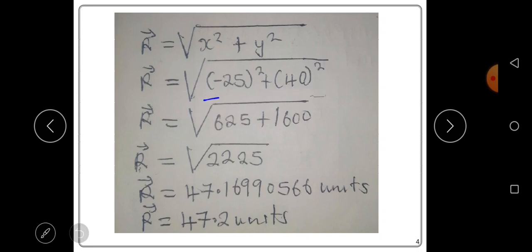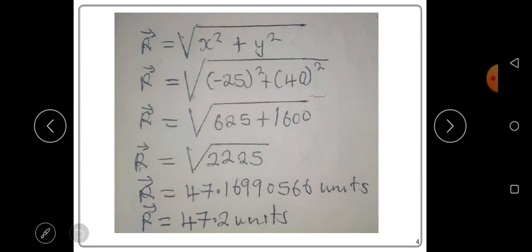When we punch this on a calculator, negative 25 squared is equal to 625, then 40 squared is equal to 1600. When you add these, you get 2225.